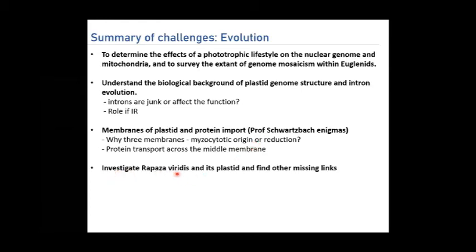I would stress that we need to investigate Rapaza viridis. This is, I think, a very good organism and a very good missing link, and our field is actually lucky to have this.